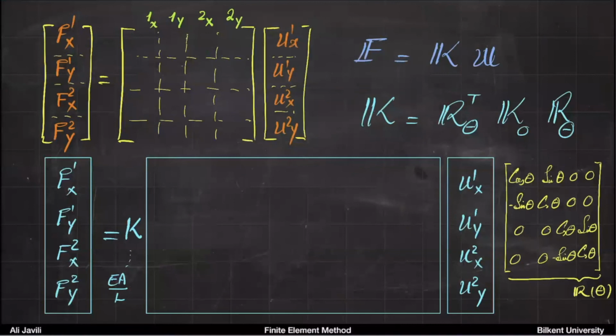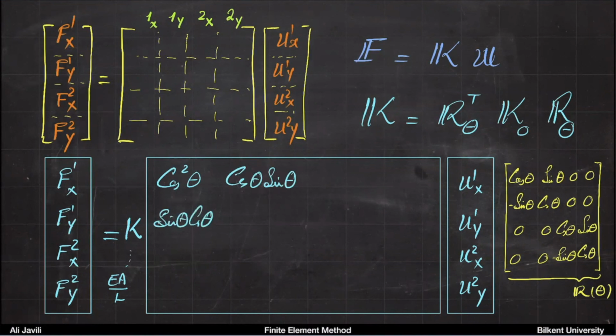So if you do everything correctly, and if I don't make a mistake, it's going to look like this. It's going to be cosine squared theta, cosine theta sine theta. Then, okay, it's the same thing. Sine theta cosine theta, sine squared theta. Okay, and then basically you will be dealing with a similar block.